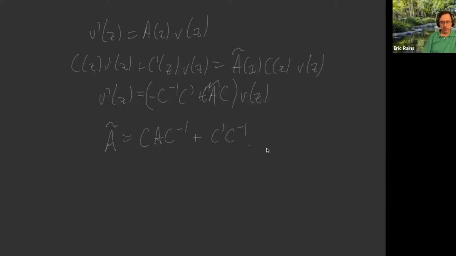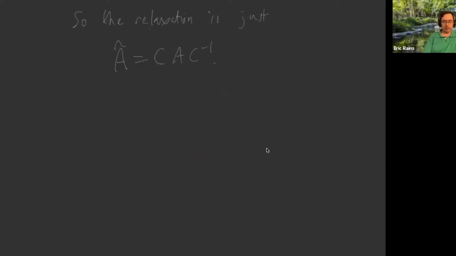And here we should be rescaling the time variable, which means the derivative gets multiplied by h bar, and then h bar goes to 0. And so this derivative term goes away. So the relaxation is just a conjugation. So this would be called a discrete isospectral transformation.